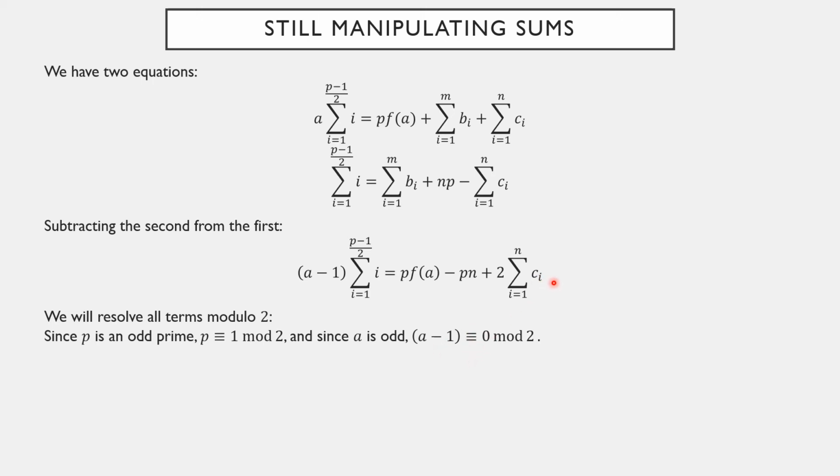So if I take this equality and replace values with what they're equivalent to modulo 2, this is 0, so that sum disappears. p is equivalent to 1 because p is odd, and this is just a 0 anyway because it's 2. So f of a is equivalent to n modulo 2.